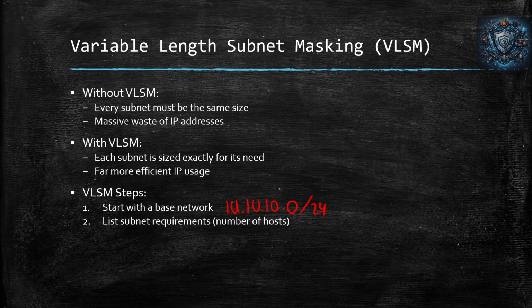Let's say we need a subnet of 30 hosts, one of 100 hosts, one of 2 hosts, and we'll do one of 8 hosts. We'll start from large to small.